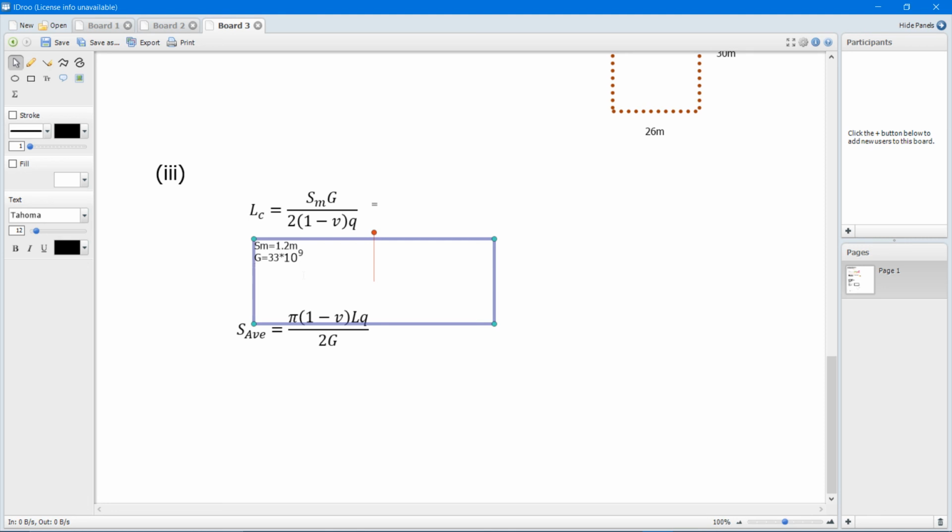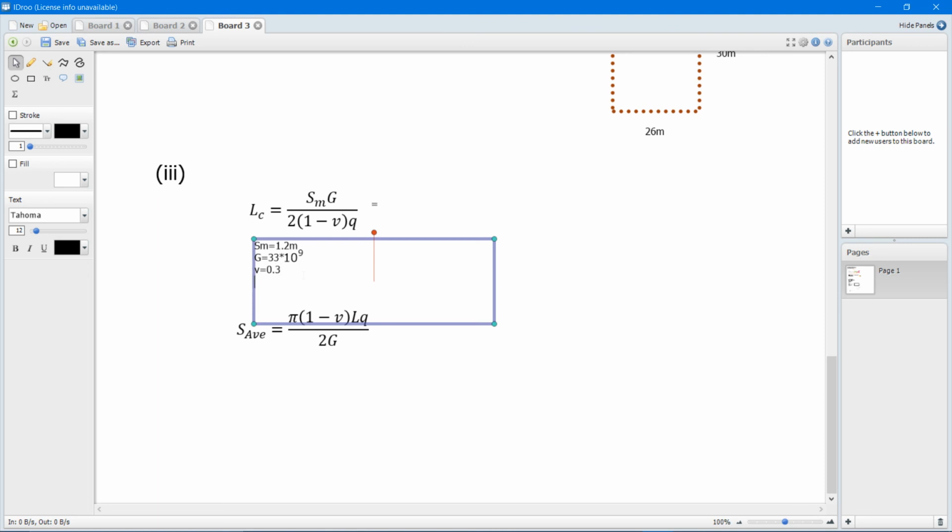We need V, which is the Poisson ratio, which was 0.3, if I'm not mistaken. Yes, 0.3.